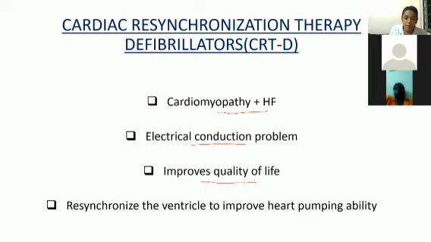It will resolve the electrical cardiac conduction problem also, and resynchronize the ventricle to improve the heart pumping ability. If the patient is doing more work or some exertion is happening, then this defibrillator, which is already implanted, will resynchronize and help the ventricle to improve heart pumping ability.